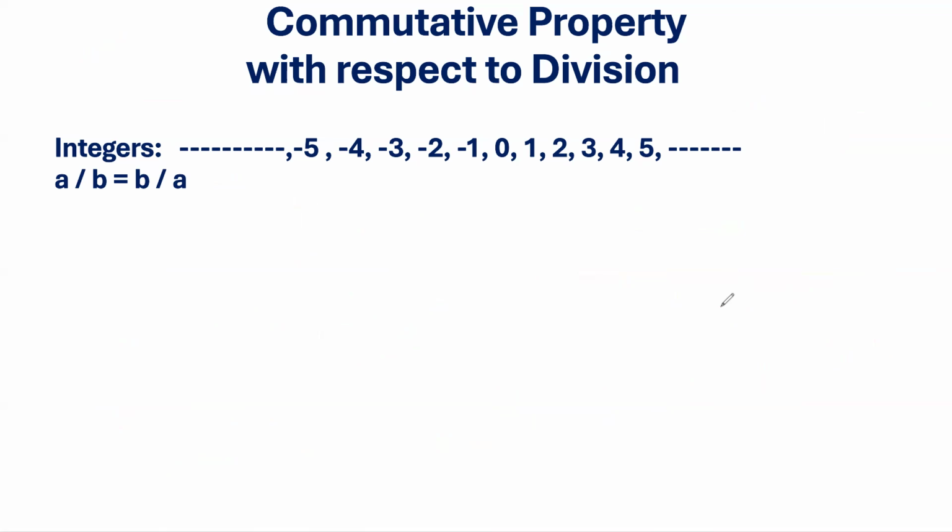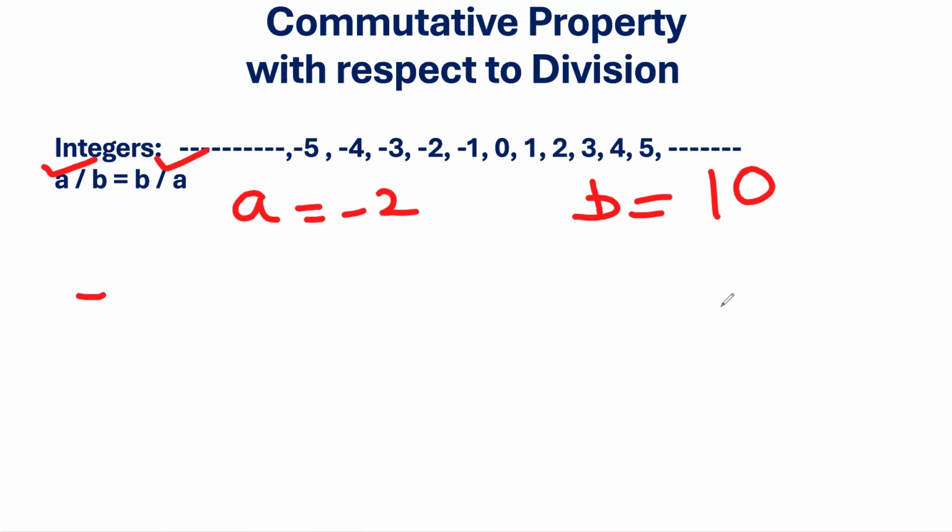Let's take another example. Question is same. Commutative property with respect to division. Take another example of A and B. Let's take A is equal to -2 and B is equal to 10. A divided by B. We are checking this. A divided by B is equal to B divided by A or not. A divided by B, -2 divided by 10.